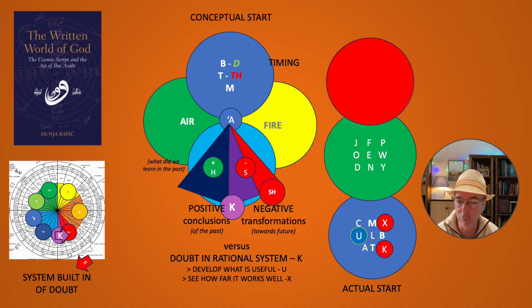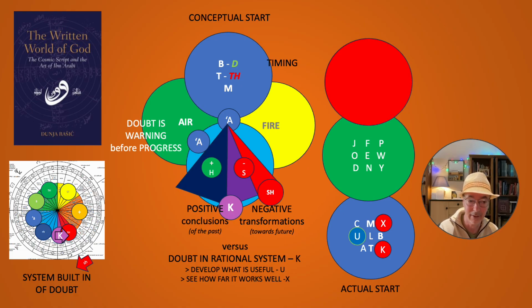So that was for us much easier to perform in the balance, the yin and yang balance of the Arabic system. The letter Aleph as A is in that place. So I'll show it to you, which was the doubtful warning before the progress can happen.